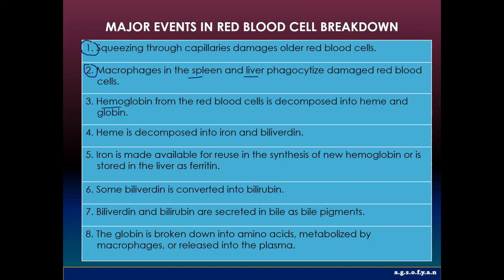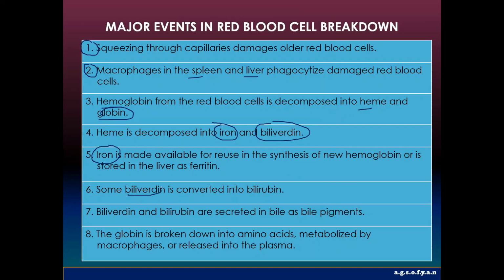The hemoglobin consists of heme and globin. So globin will be reused. The heme will be destroyed, or broken down, into iron and biliverdin. Iron will be reused for making heme. It will be delivered back into the red bone marrow.